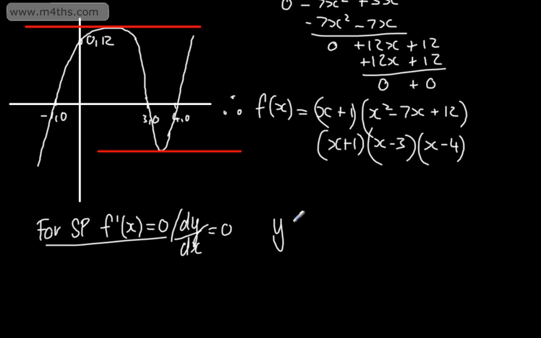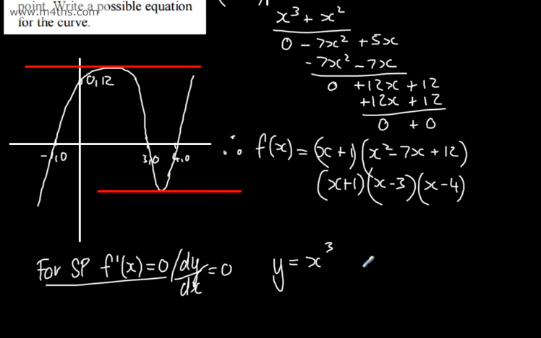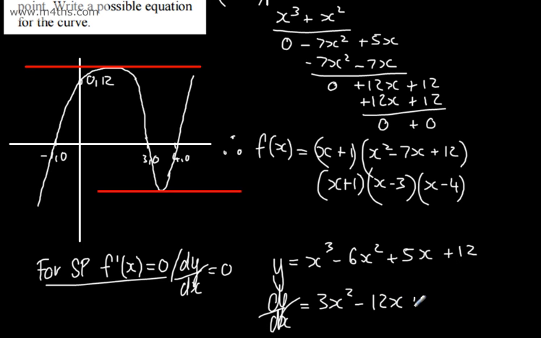So if y is equal to x cubed minus 6x squared plus 5x plus 12, dy dx, the gradient function, is going to be 3x squared minus 12x plus 5.